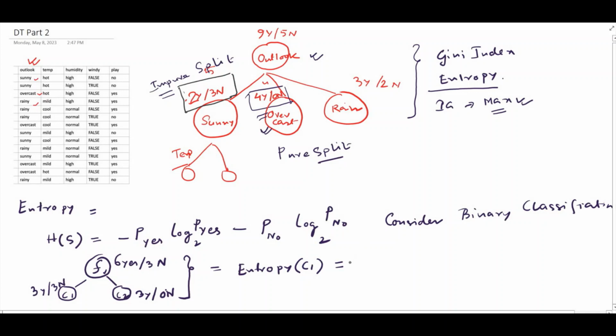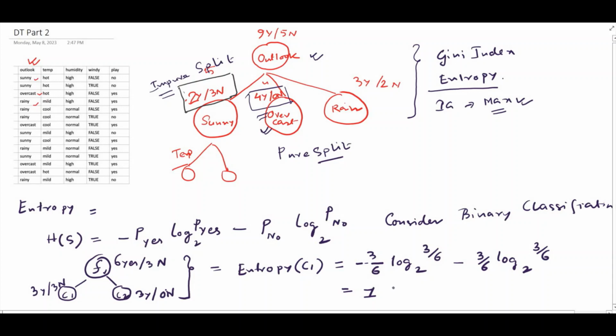Okay, so let's put 3 by 6 because I'm talking about probability. So 3 by 6, 3 is my yes out of 6, minus log 2 of 3 by 6, again minus 3 by 6 log 2 of 3 by 6. If you do the calculation, it comes out as 1.